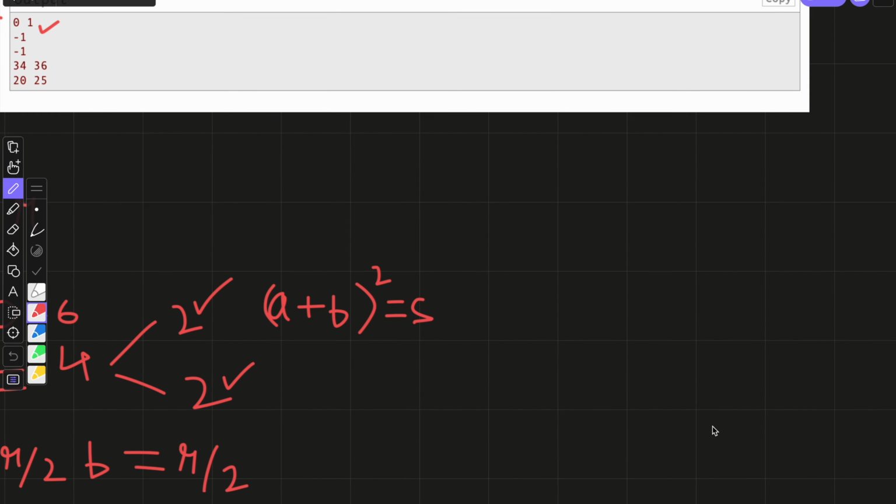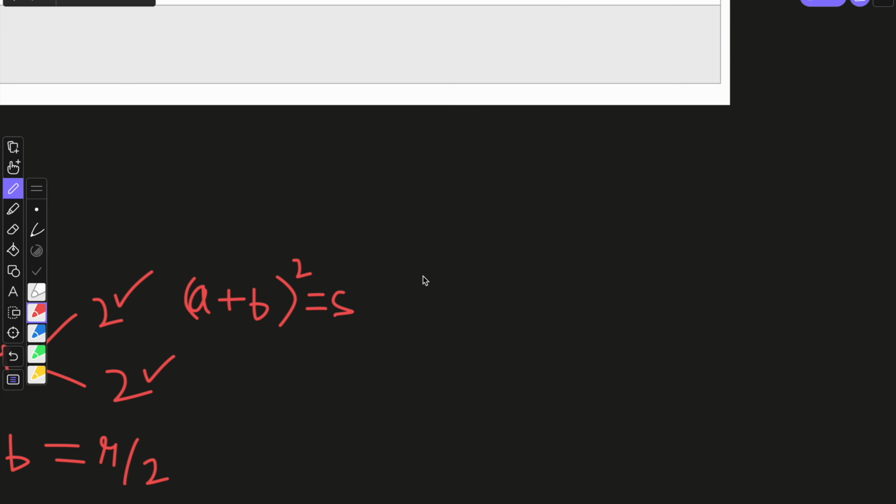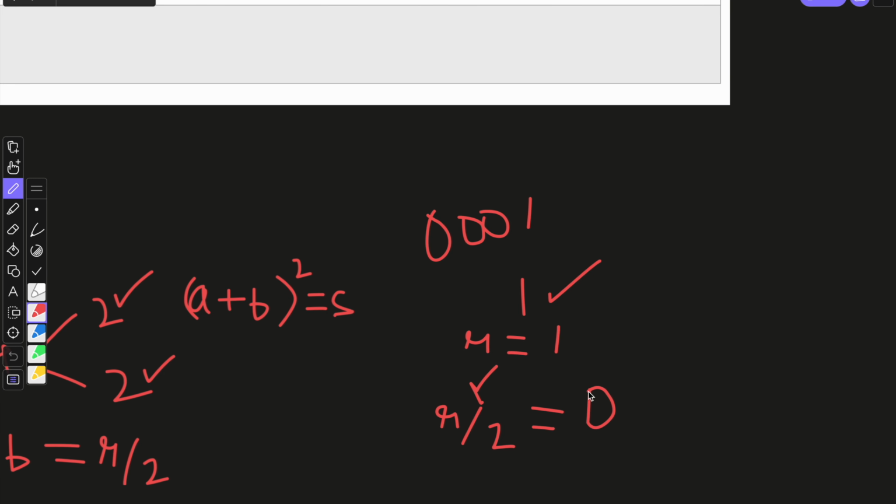And for odd numbers, what we can do is, take the first test case, 0001, where 1 is a perfect square. Its square root r would be 1. If we half it, r by 2 by integer division gives the floor value, that is 0.